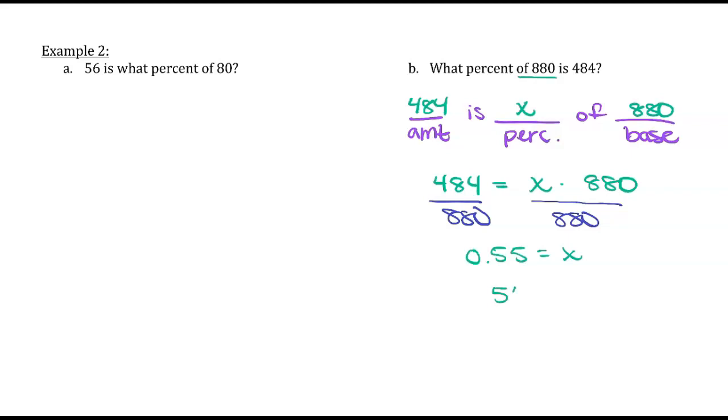In other words, x is 55%. 55% of 880 is 484. 484 is 55% of 880. Let's jog over to example 3.